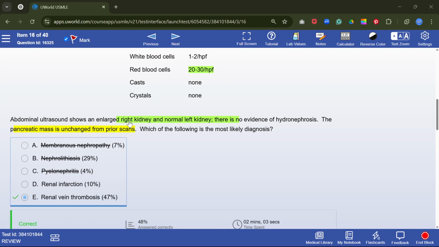There is no evidence of hydronephrosis. Nephrolithiasis can cause an enlarged kidney, but there should be hydronephrosis. But here, no hydronephrosis, but an enlarged kidney with a normal left kidney. The pancreatic mass is unchanged from the prior scan.